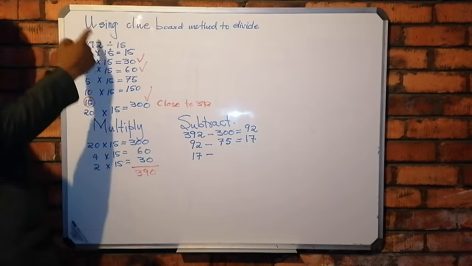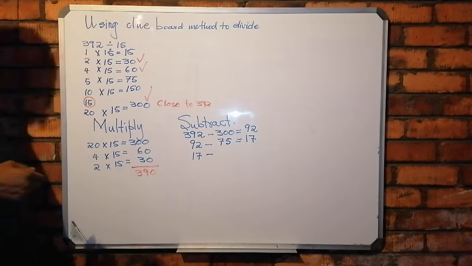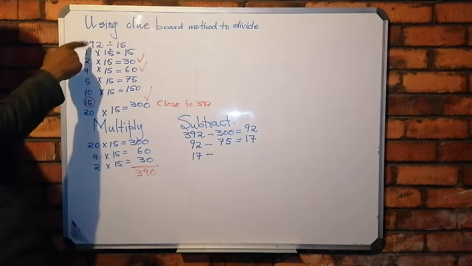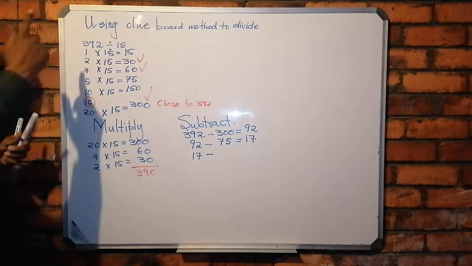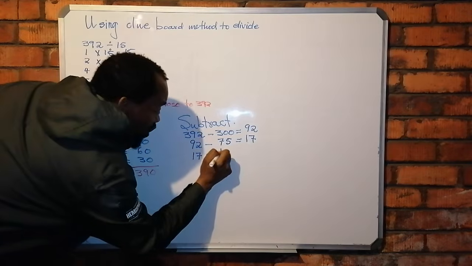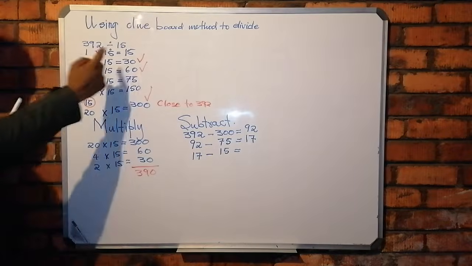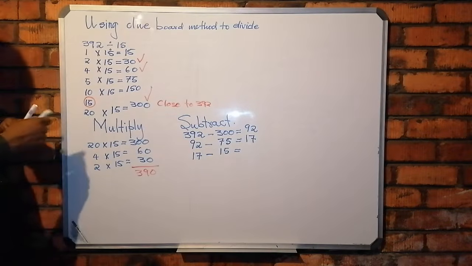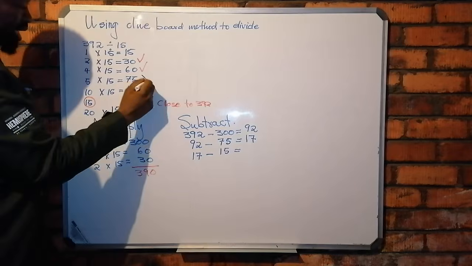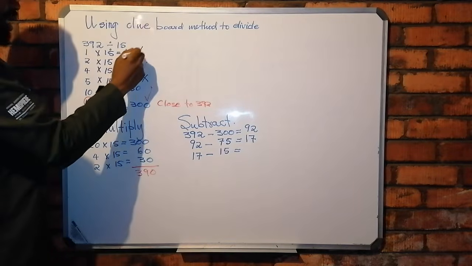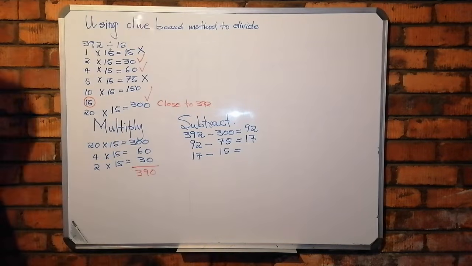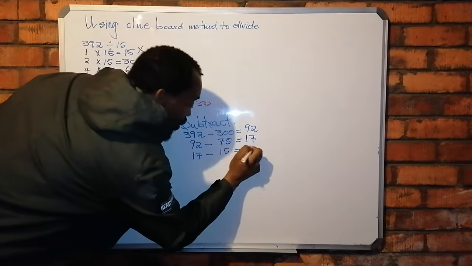I knew that 1 by 15 is very far from, will give me something which is very far from 300. But it is still there. I use it. Minus 15, remember now, we haven't used this one. That means I have just used this one. I have used that one too. Now we get 2.